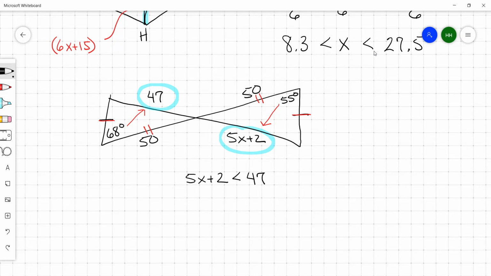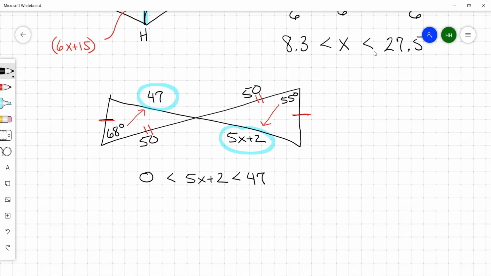I'm sorry. Since the 5x plus 2 is less than the 47, the 5x plus 2 has to be greater than something. It's the side of a triangle, so it's got to be greater than 0. So that is your setup now.